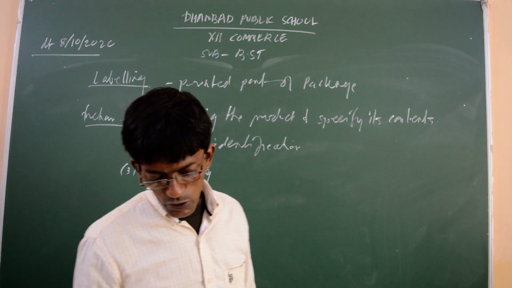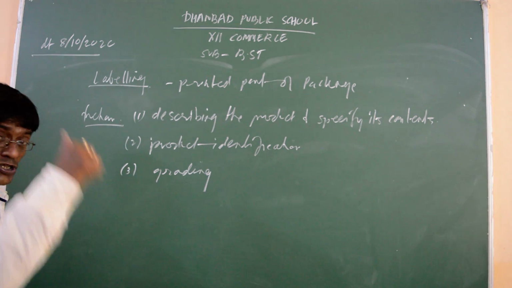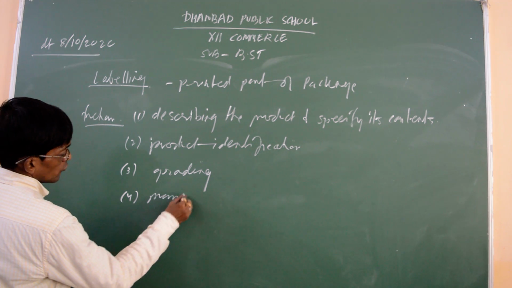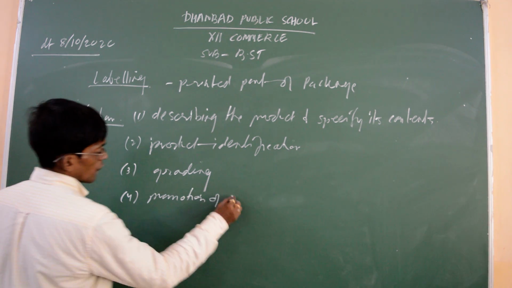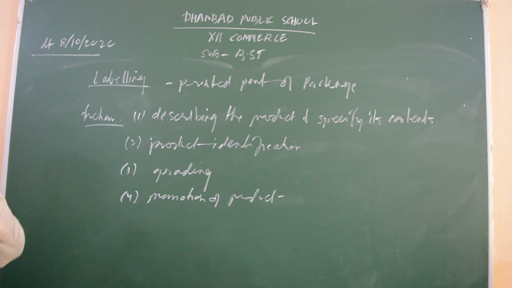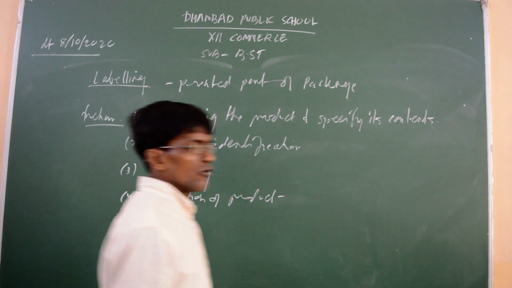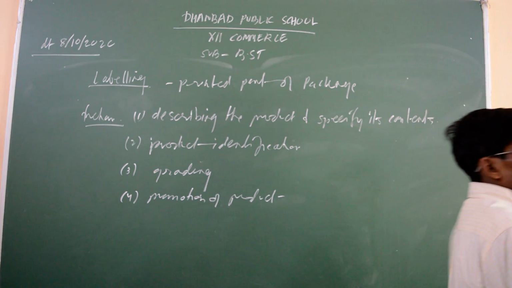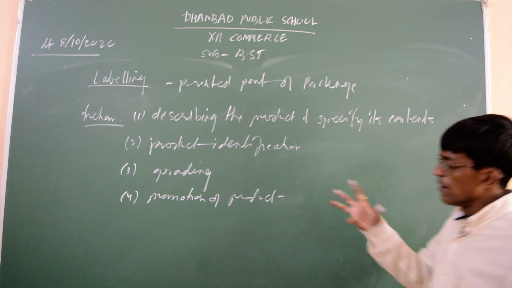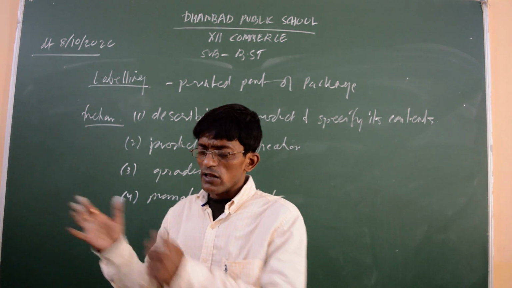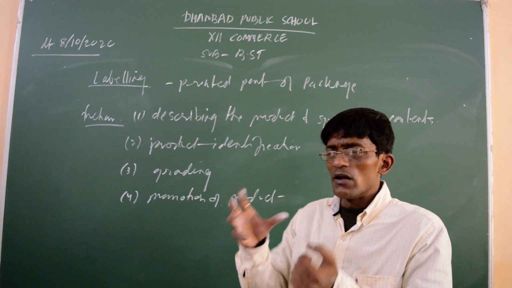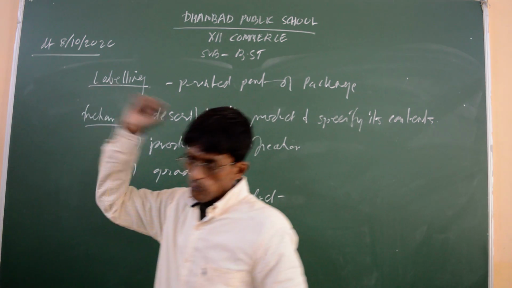The next part is that it helps in product promotion. Promotion of the product is very important. Now how are you going to ensure promotion of the product? Specifically in the case of children's items, you can see different sorts of colorful pictures, cartoons, diagrams, etc. embedded in the package itself, so that the child sees the product, sees the cartoon embedded in it, and ultimately gets attracted, saying, I want that particular product.